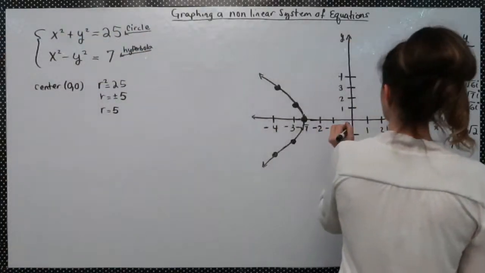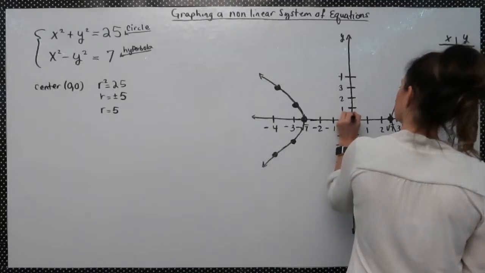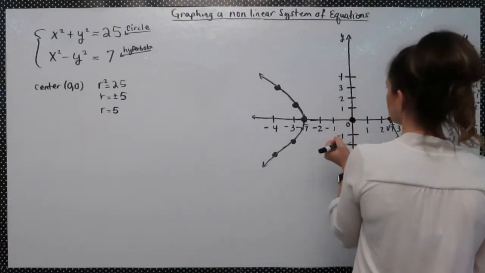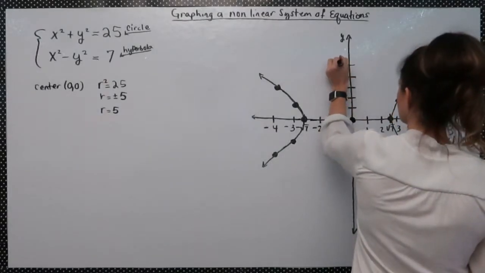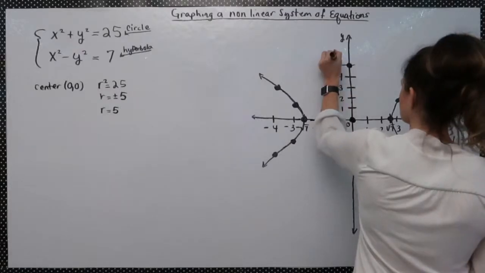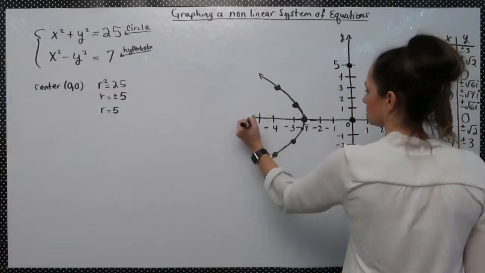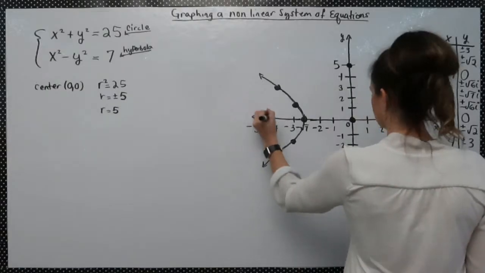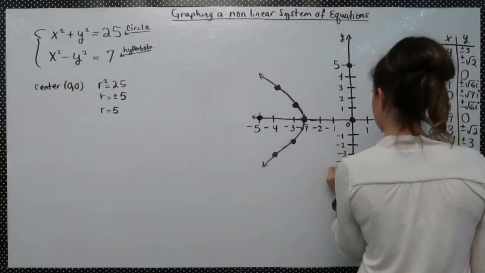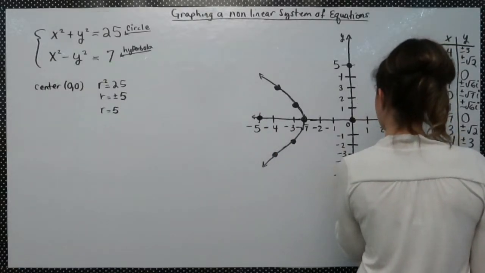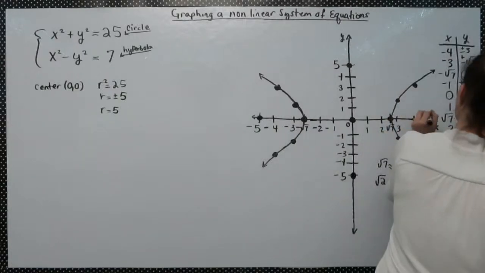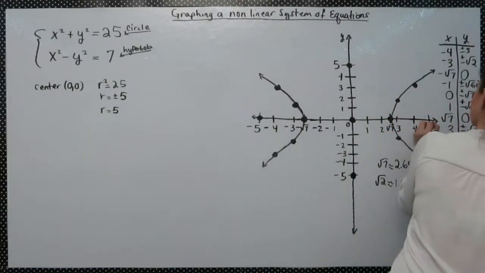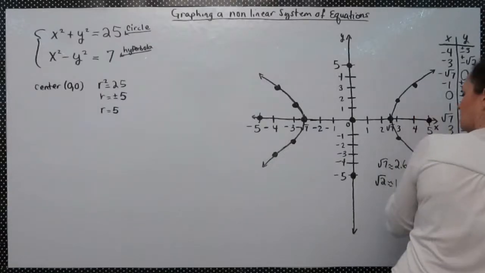So for my circle, I have this point on here. And I'm just going to go out 5 in every direction. Hopefully my scale is a little bit better than last time I drew a circle up here. That was pretty embarrassing, but oh well.